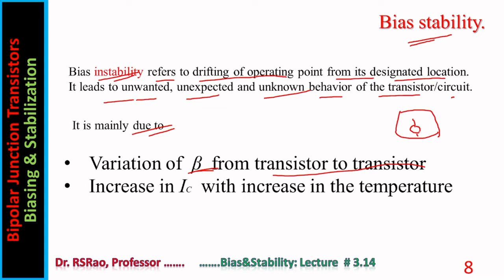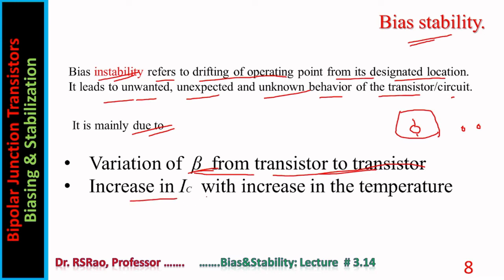So beta differs. When beta differs, entire design changes. If we don't change the design accordingly, then different beta value naturally gives rise to different IC. Different IC means different operating point. Earlier operating point may be here, now operating point will be somewhere else. So variation of beta from transistor to transistor is one aspect.